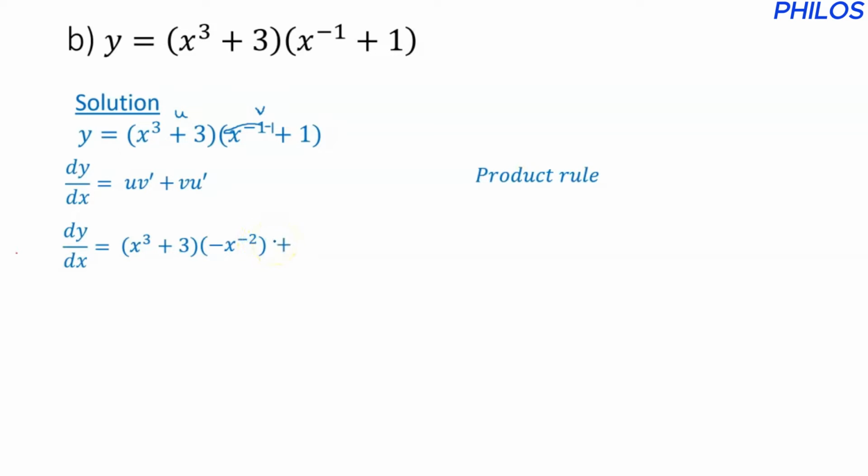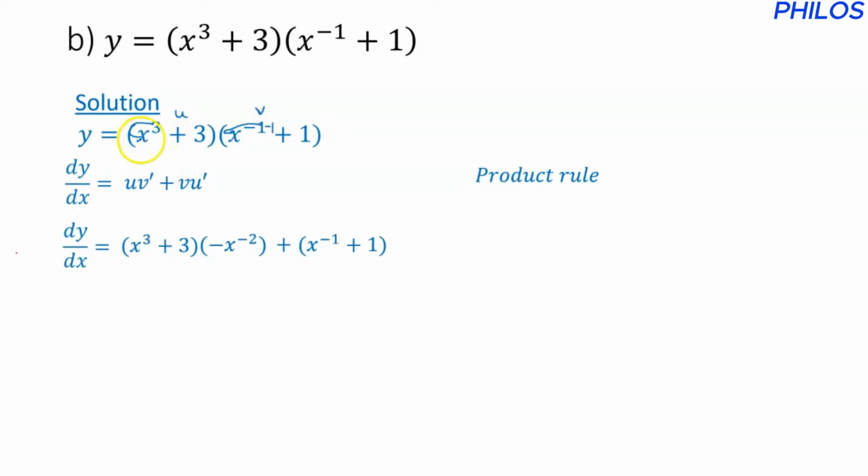Then plus the plus here. Then we also write v. You know the v was x exponent negative 1 plus 1. So we substitute it here also, times u prime. U prime means we should differentiate u with respect to x. So to differentiate u with respect to x, let's take this 3 and use it to multiply the x.